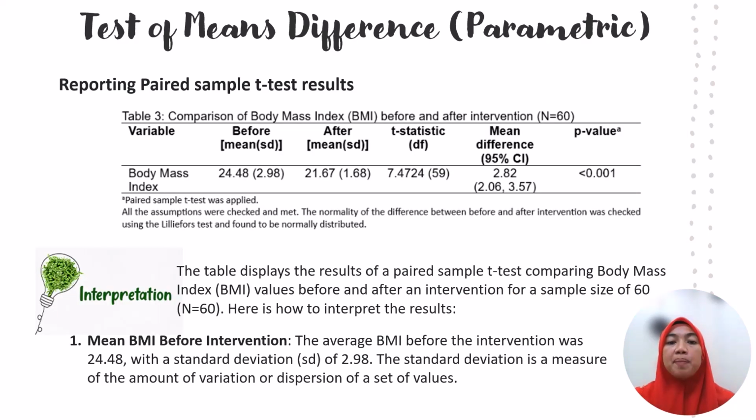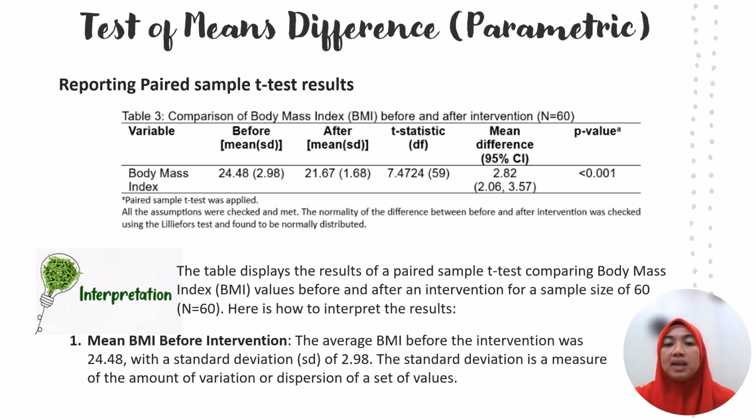Here is the reporting of the paired sample t-test result. After you run your data, after you use the R syntax, you get the output, and then you need to come up with your reporting based on the paired sample t-test table.